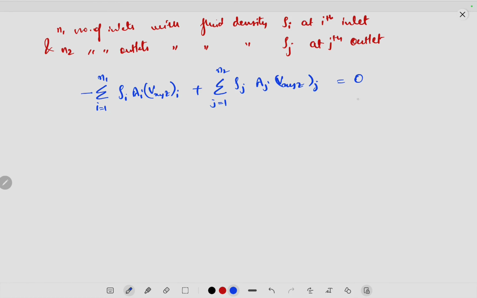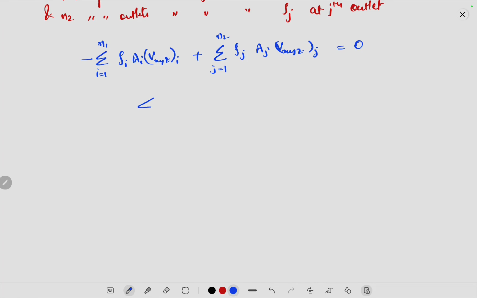So you can remember this equation like this, or you can also remember this like this. So summation over all the control surfaces rho a vxyz, and this is for a particular control surface i.